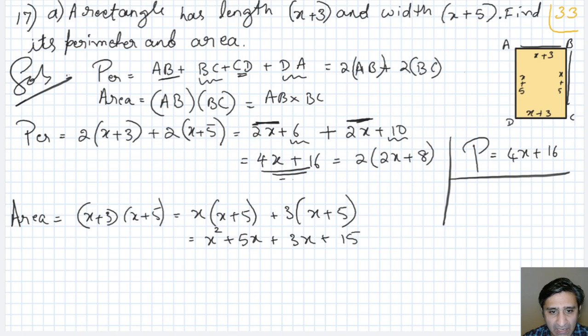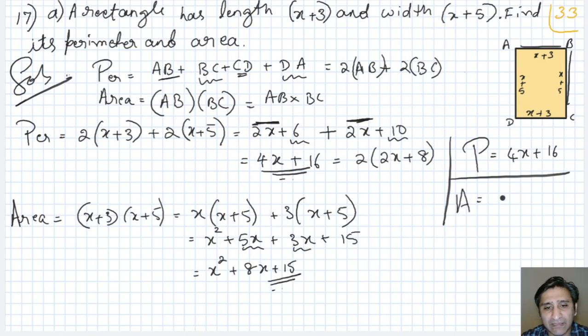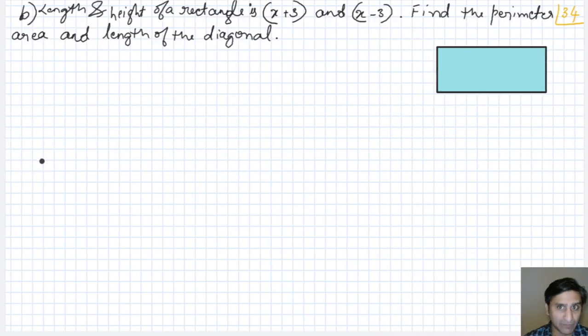So these two are common, so that's going to be x squared plus 8x plus 15. Very good. So your area is x squared plus 8x plus 15. So that's your answer for this, and we will go forward and have a look at the next problem, right?